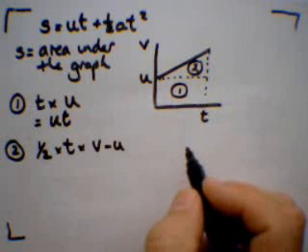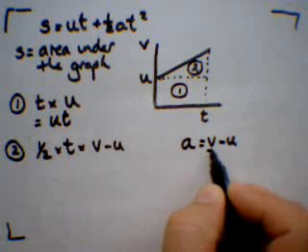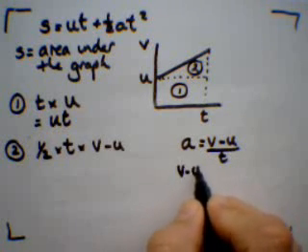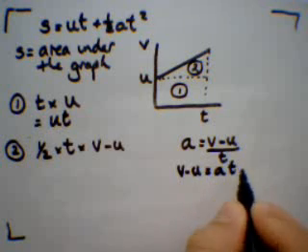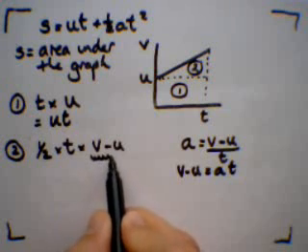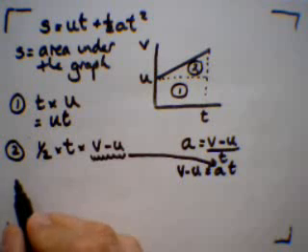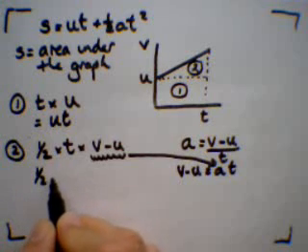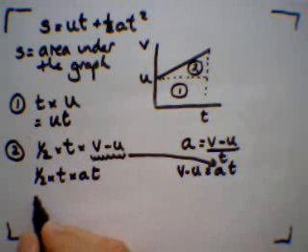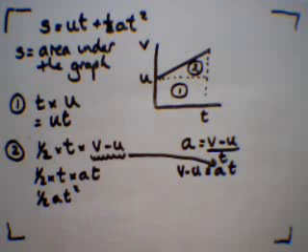Now, we know from earlier on that a equals v minus u over t, therefore v minus u equals a times t. So this v minus u here can be replaced by a times t. So that gives us a half times t times a times t, which is a half a t squared.